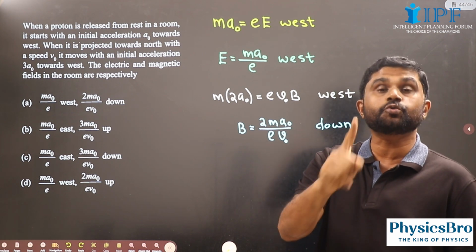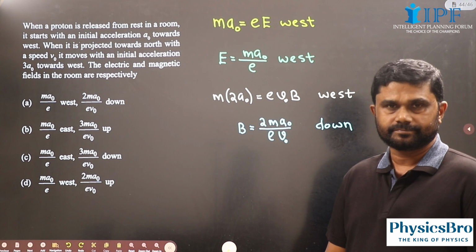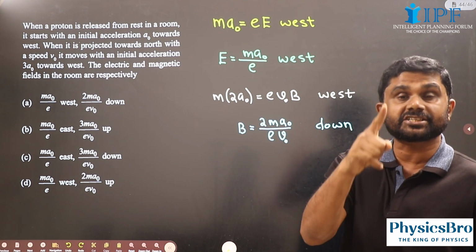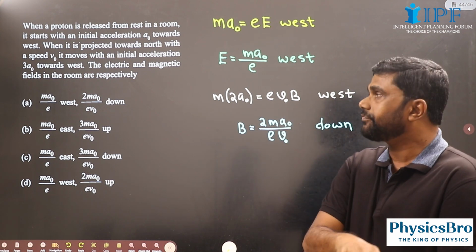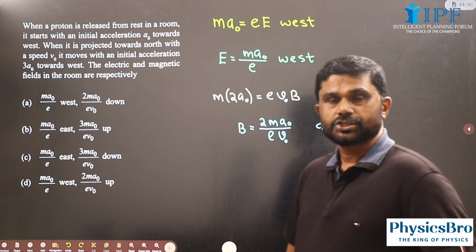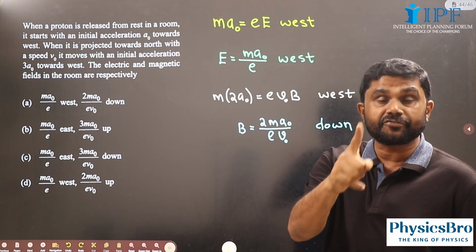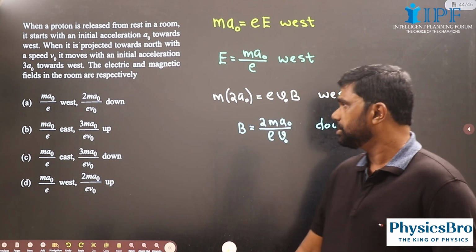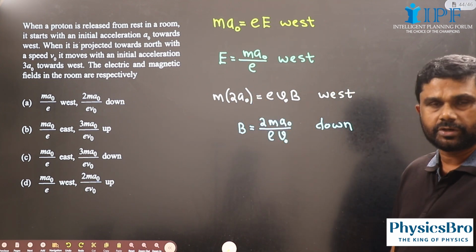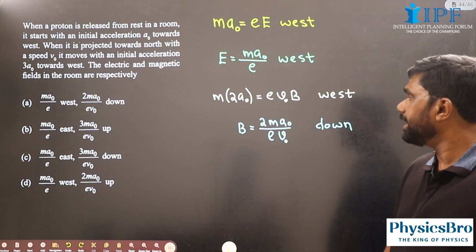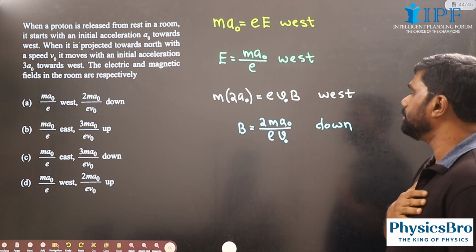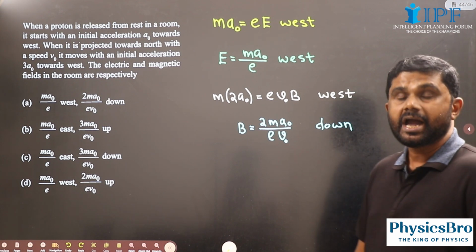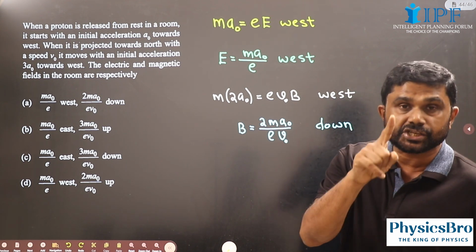So the remaining 2A0 will be due to the magnetic field. So the magnetic force will be M into 2A0, and it must be EV0B. So the magnetic field is 2MA0 divided by EV0, and we have to find the direction of the magnetic field.